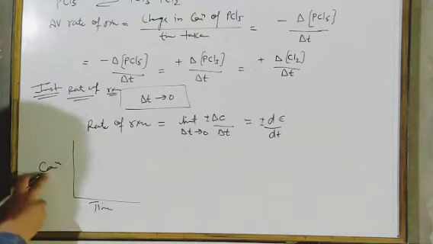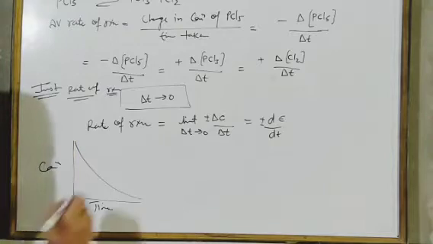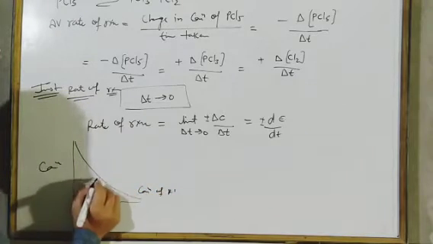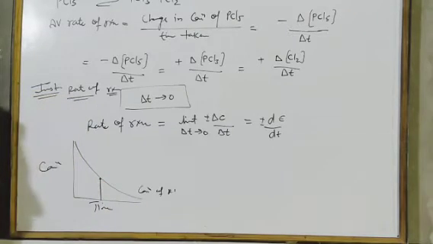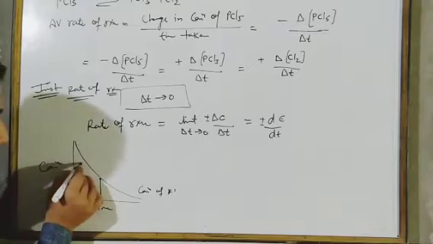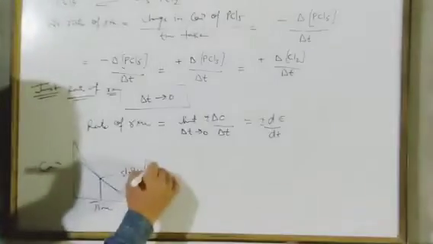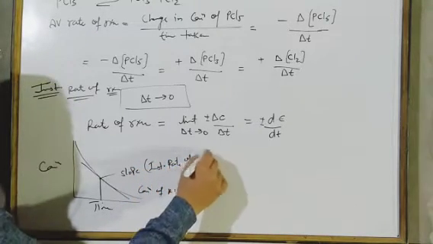If we take a graph between concentration and time, this downward graph shows the decrement in concentration of a reactant. To find the instantaneous rate of reaction at a point, we have to draw a tangent slope there. This slope will show the instantaneous rate of reaction.